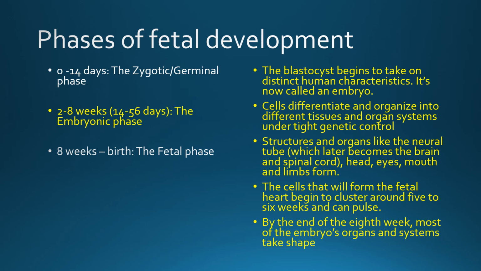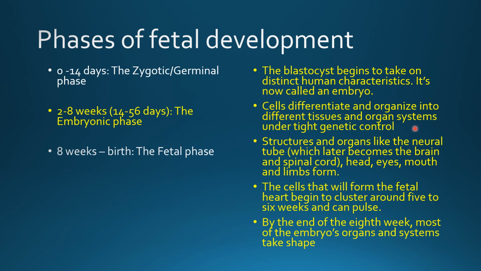The second phase we are talking about is very important for us. It is when the blastocyst starts to take on distinct human characteristics, and now we call it an embryo. So this is why it's called the embryonic phase. Cells during this phase differentiate and organize into different tissues and organ systems under tight genetic control.